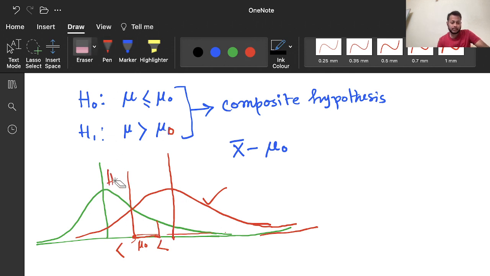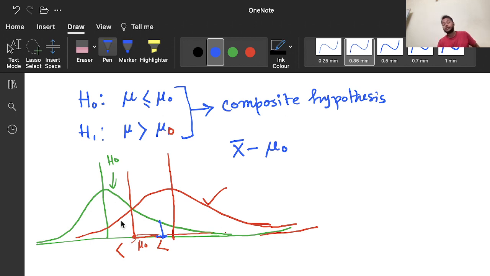We reject the hypothesis when the sample is collected from a distribution whose mean is higher than mu 0, that is, when the sample mean is here. Then we can safely say it is not right to accept the hypothesis H0.